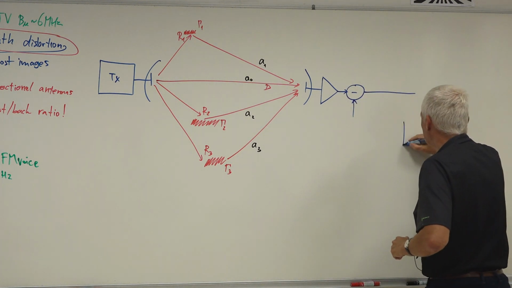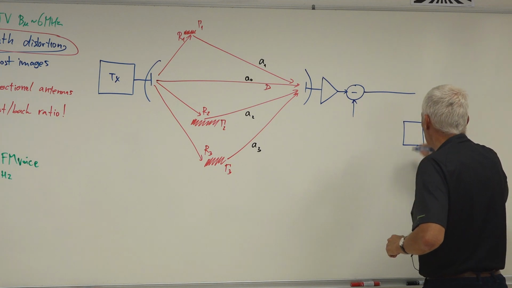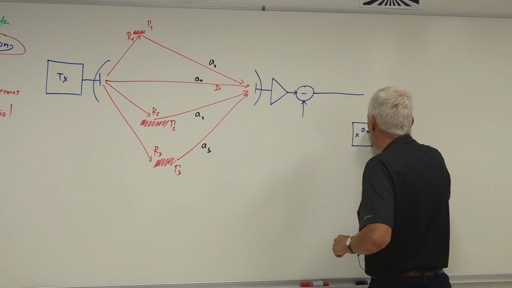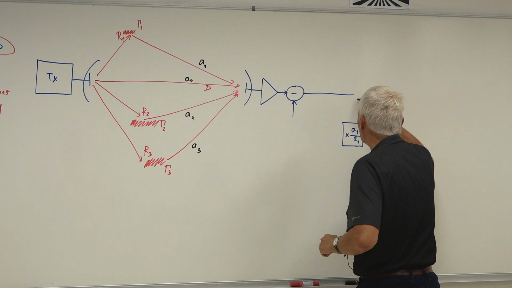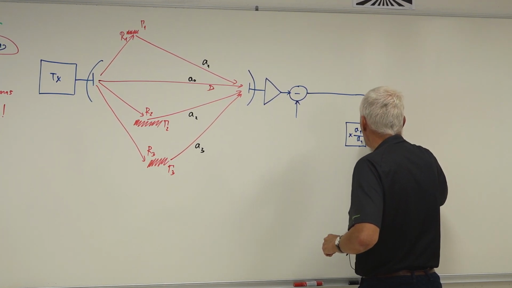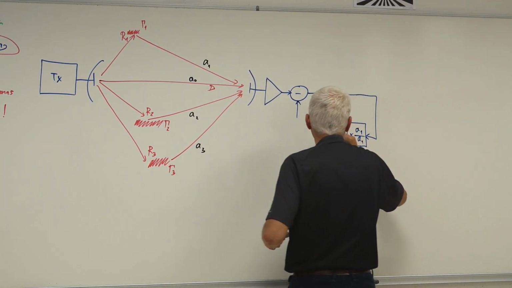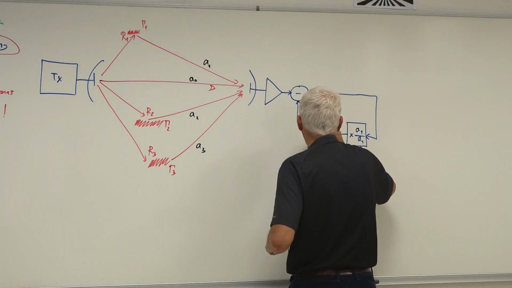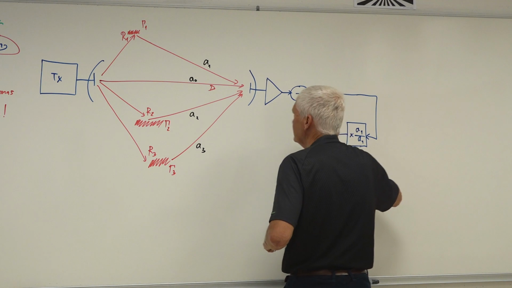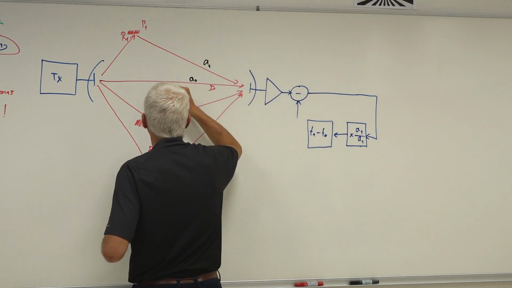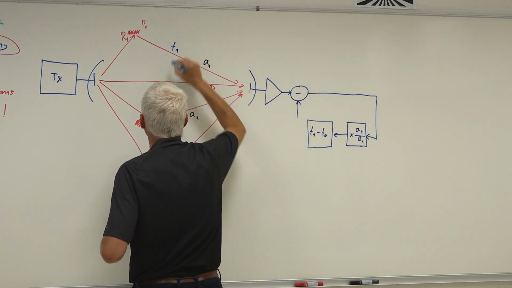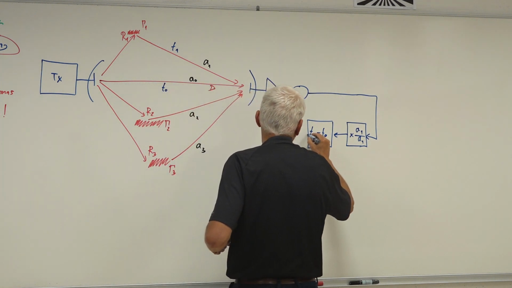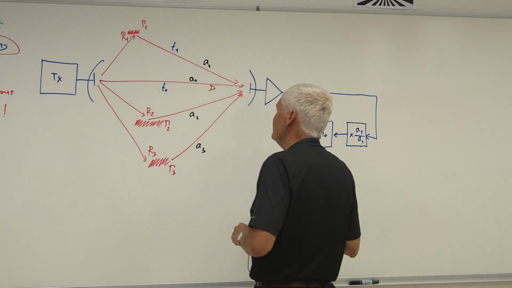I multiply this by A1 over A0. And I put a delay here, T1 minus T0, if this direct ray had the delay T0 and this one had the delay T1. And I subtract this signal from the original.